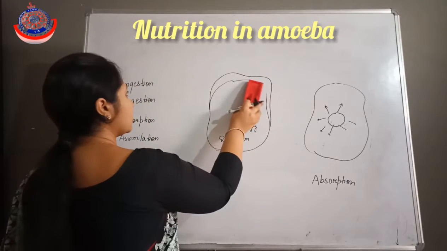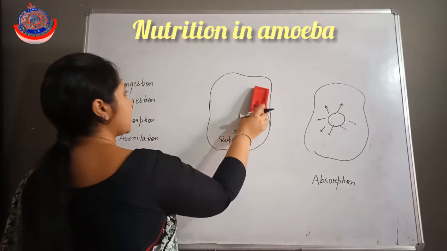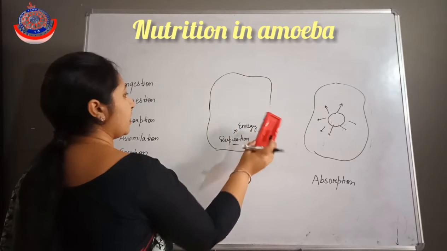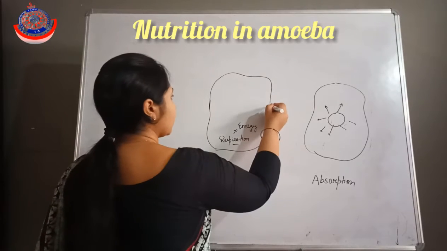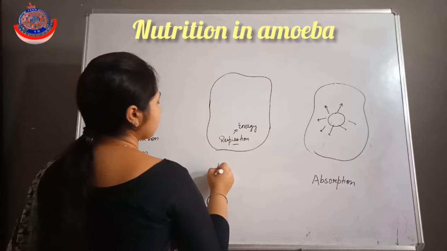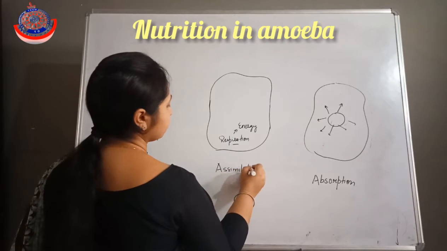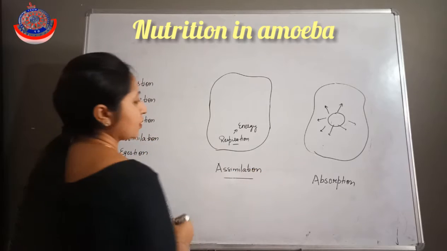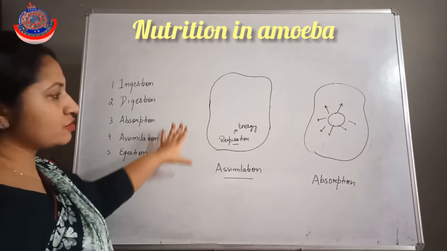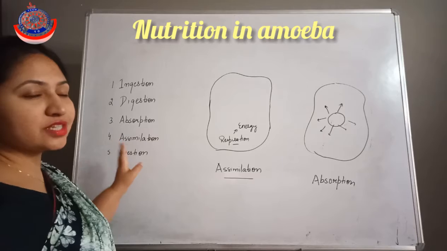You can see that it grows in size after obtaining the energy. So this process is known as the assimilation process. Let's discuss all four points, then we will do the egestion process.